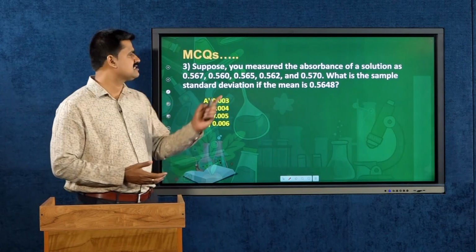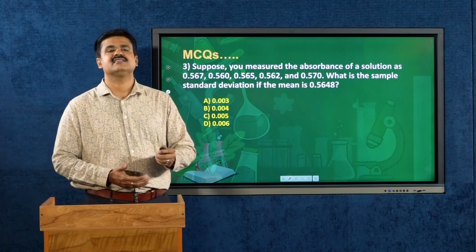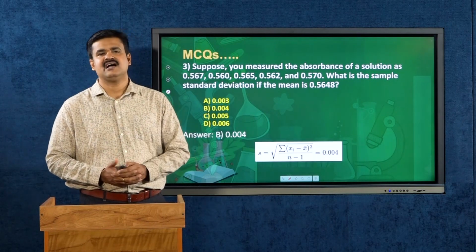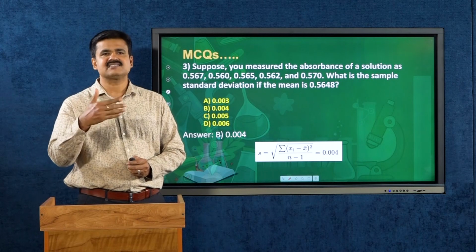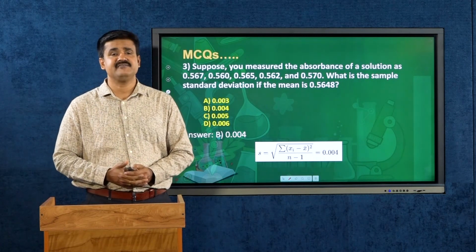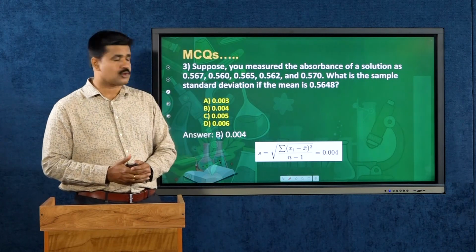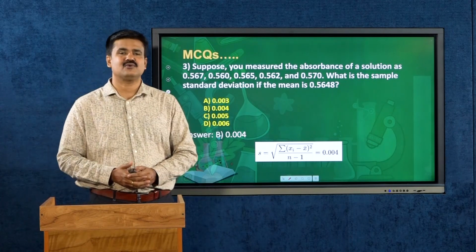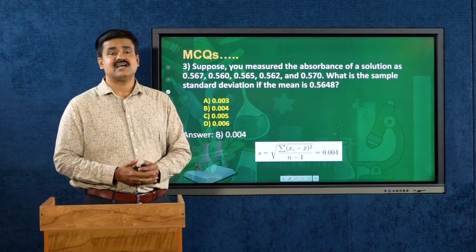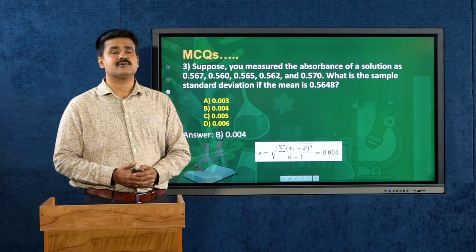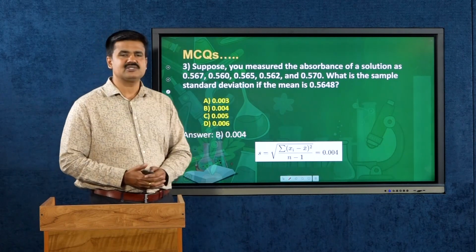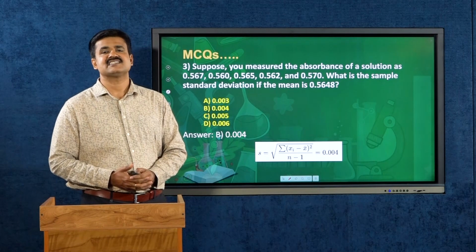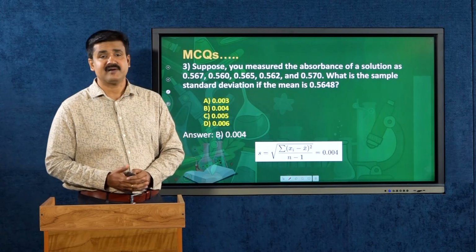So, these are the options, and on analysis, the final value of the standard deviation of this set of data is equal to 0.004. The sample standard deviation is calculated by using this expression: square root of the sum of (xi minus x bar) squared divided by n minus 1.